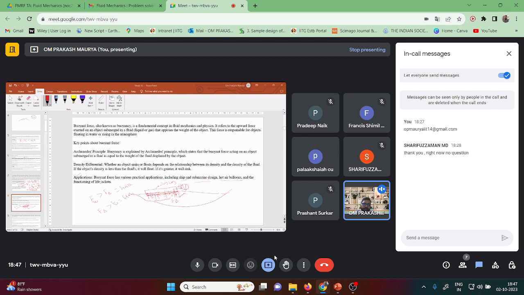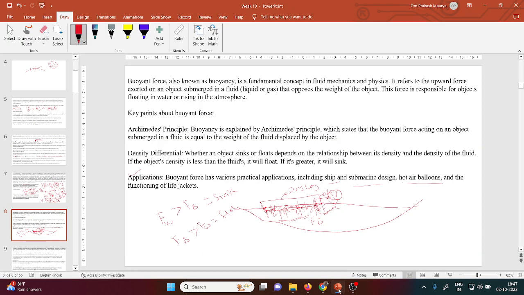Is your background civil or what? Mechanical. Then I think you also know what happens when something is sinking in water. Let me explain. Say one tank is filled with water, and some particle is sinking and traveling like that.